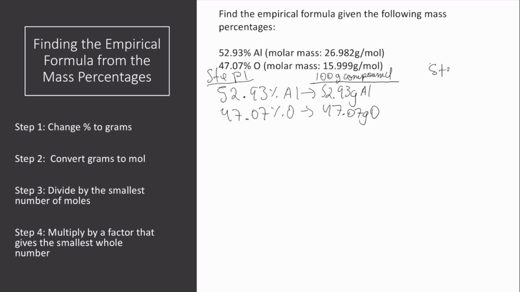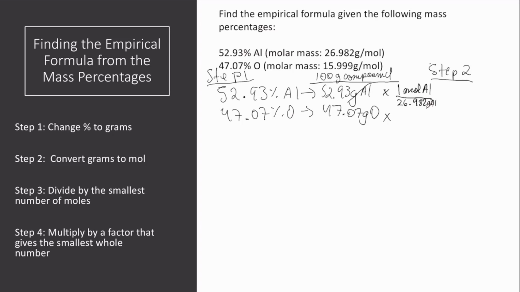Step 2 is to convert grams to moles. Okay, so to do that, we just multiply by their respective molar masses. So for every 1 mole of aluminum, we have 26.982 grams of aluminum.